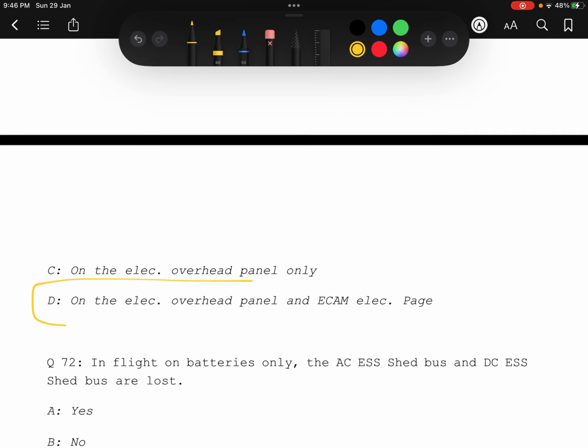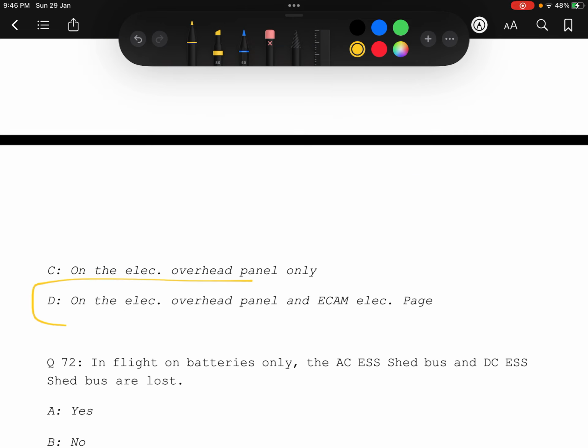If a TR fails, the other TR automatically replaces the faulty one, and the essential TR supplies the DC essential bus. Is it correct or not? So they are asking if any of the TRs fails, let's say TR2 has failed, or we will take the worst case, let's say TR1 has failed.